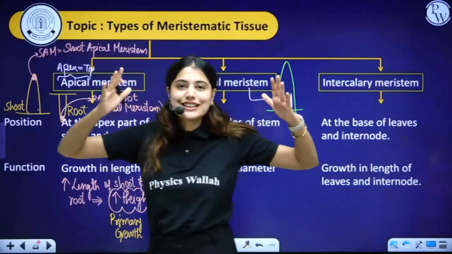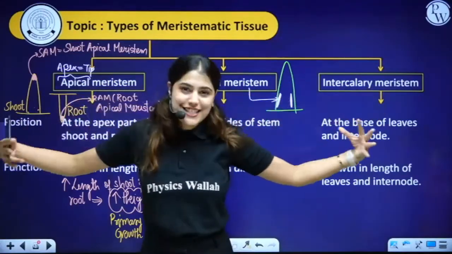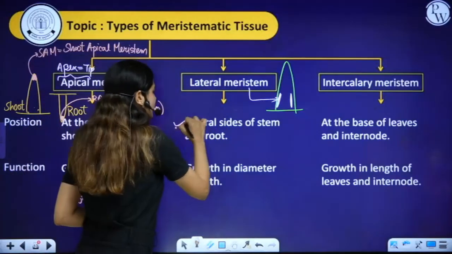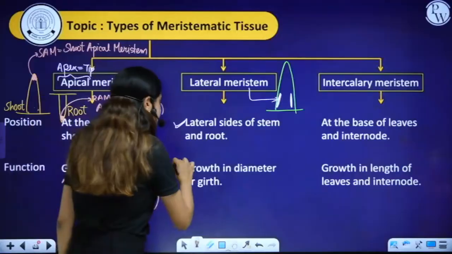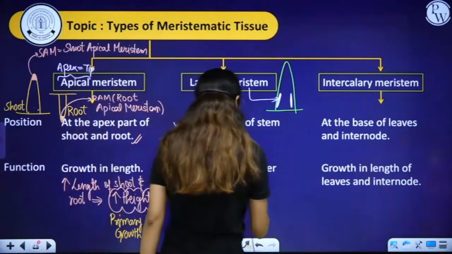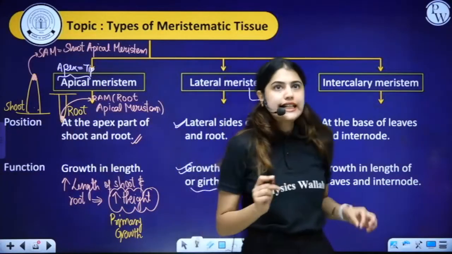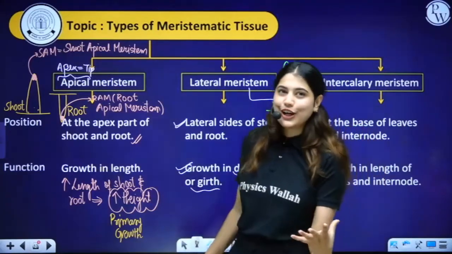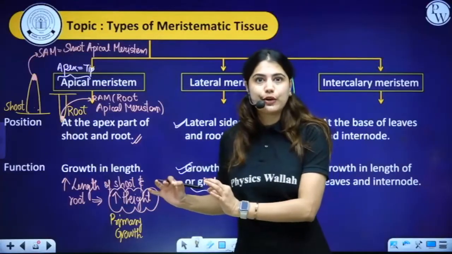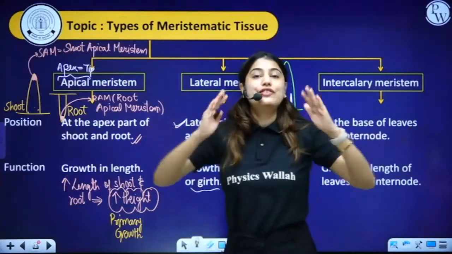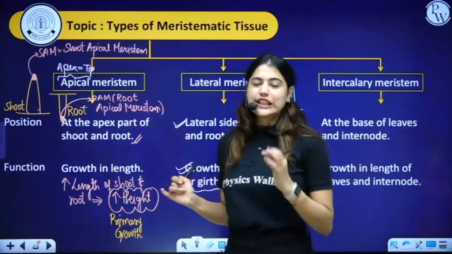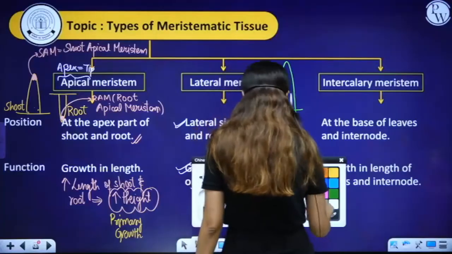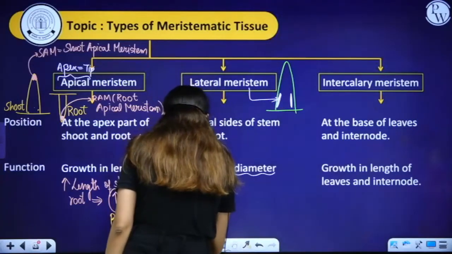Since it is present on the side, it will increase the diameter, or shall I say the girth, of the plant. Now, is it increasing the height? No. So we cannot call such growth primary growth, but we call growth where the girth or diameter is increasing secondary growth, right?